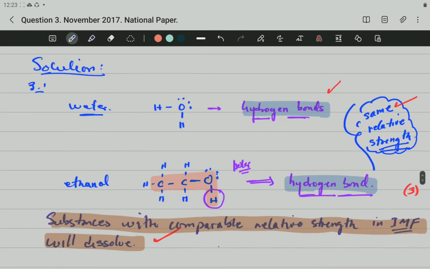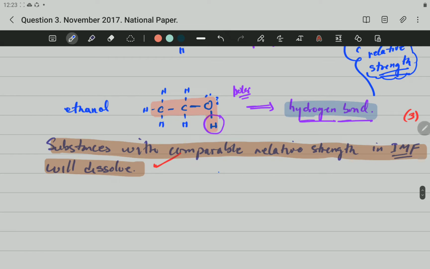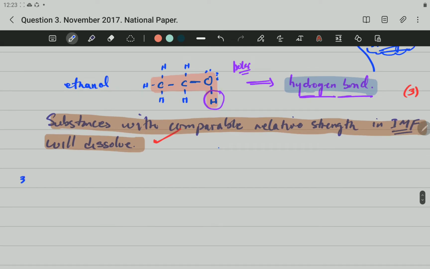So let's do the same. This is 3.2, and let's write bromine. Bromine is Br2, and the Lewis dot diagram will be Br bonding with Br, with the lone pairs, and this is non-polar.